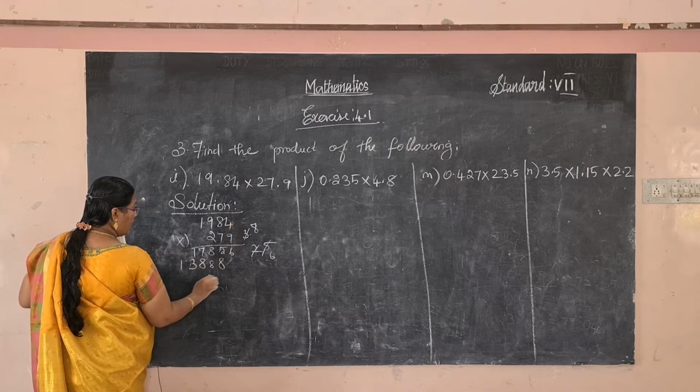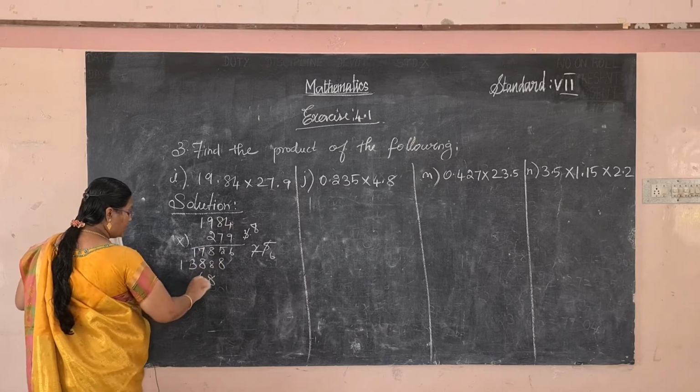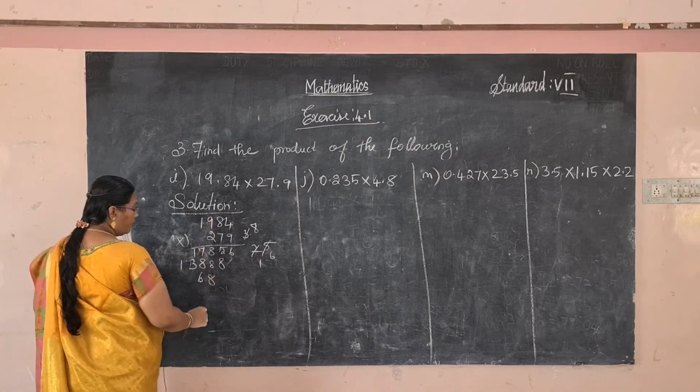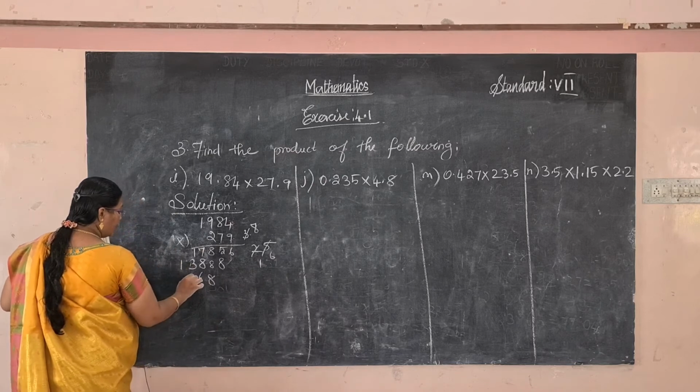2 4s are 8. 2 8s are 16. 2 9s are 18, 19.